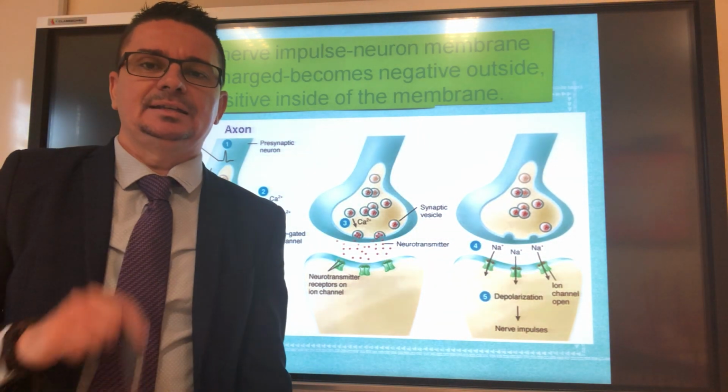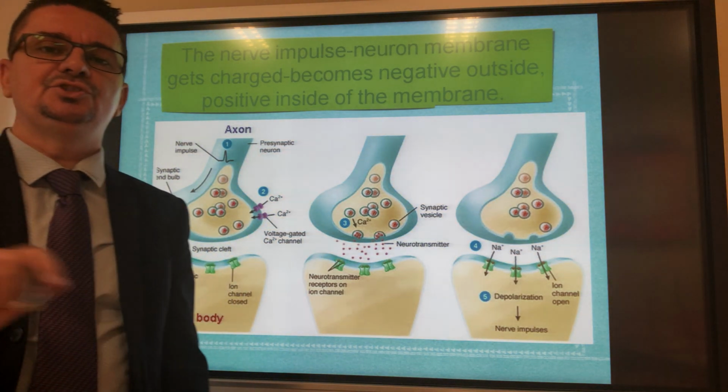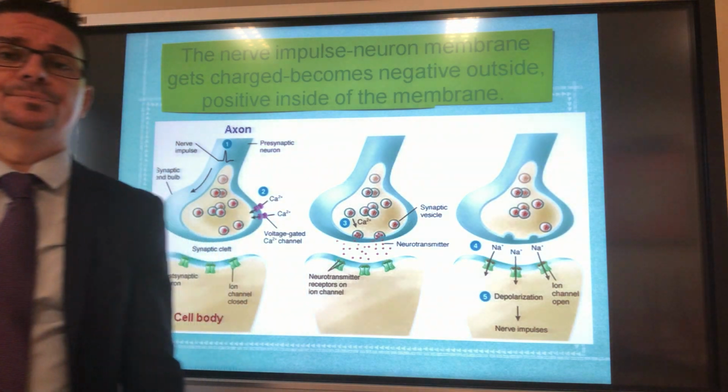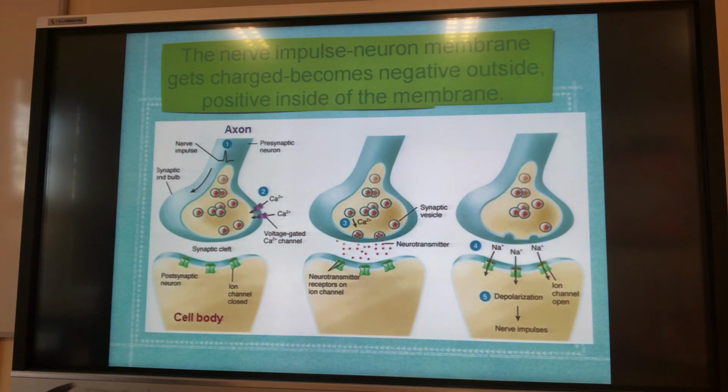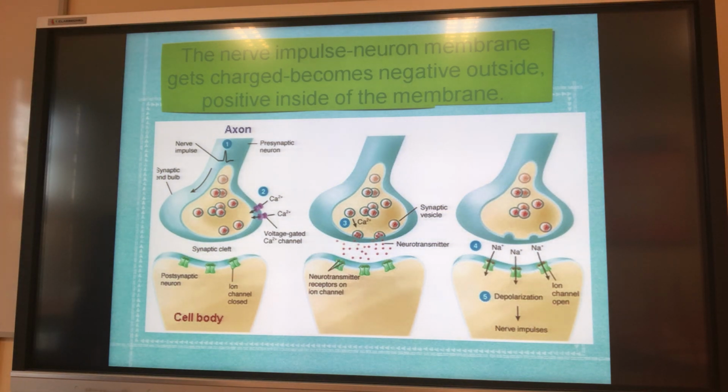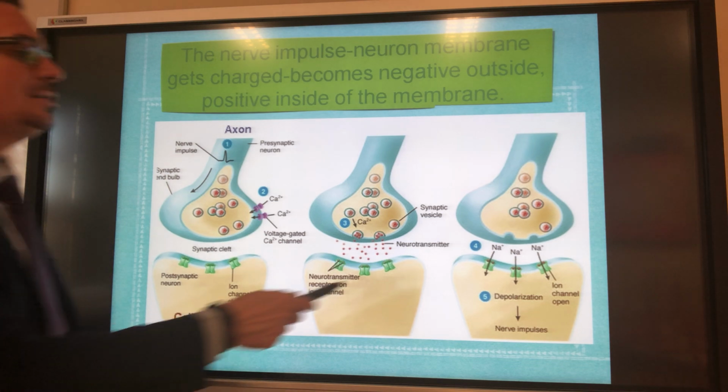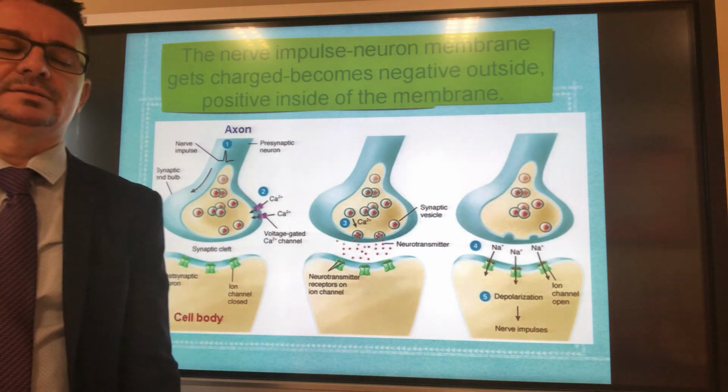And these positive parts just push each other further, so this way there's a kind of electric current traveling in your body. So the nerve impulse, neural membrane gets charged, becomes negative outside, positive inside of the membrane. It's all because of sodium ions.